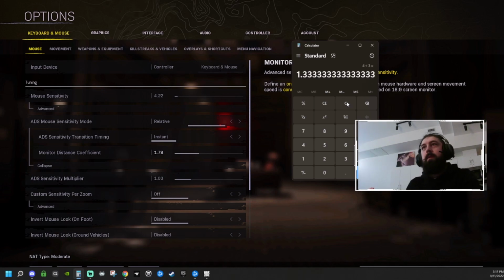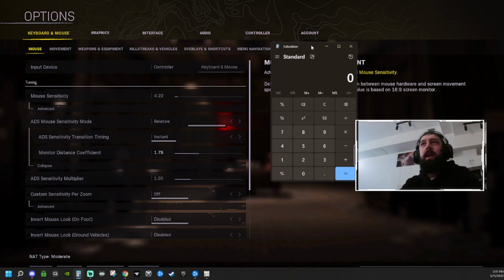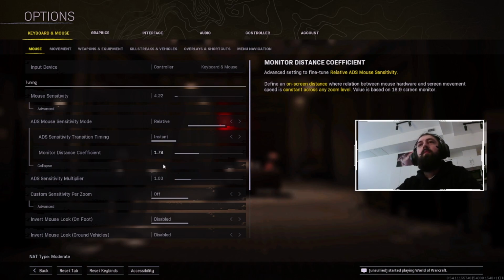That's where they got it, from a ratio of 4:3. So if you want to know the actual number, you take your 1920, divide by 1080. I get 1.78. So I change this to 1.78.